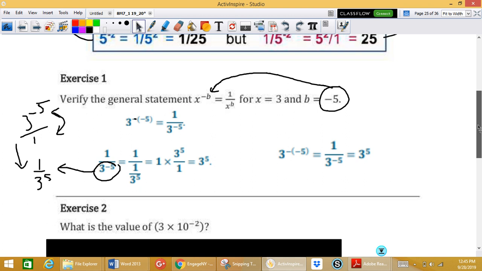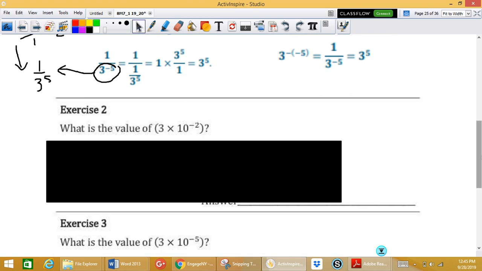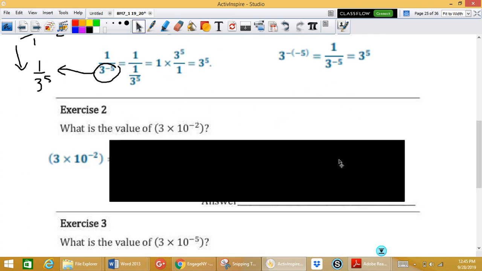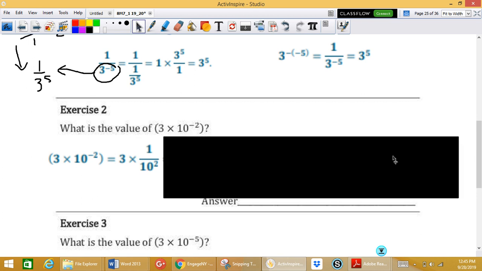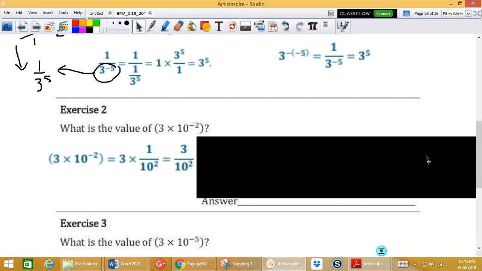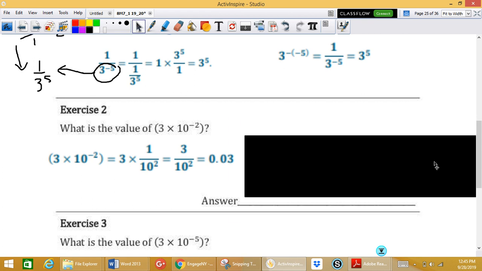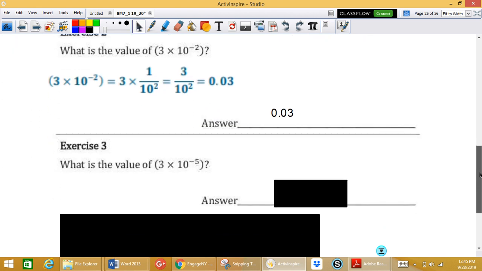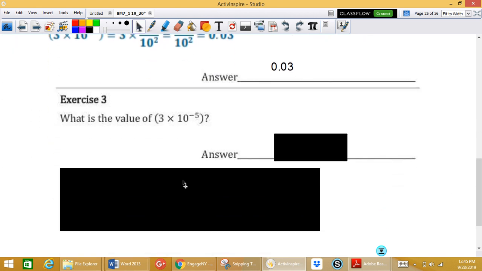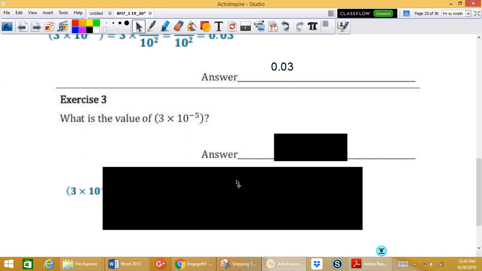What is the value of 3 times 10 to the negative second? So that's 3 times 1 over 10 squared. So that's 3 over 10 squared, which is 3/100. What is the value of 3 times 10 to the negative 5th?